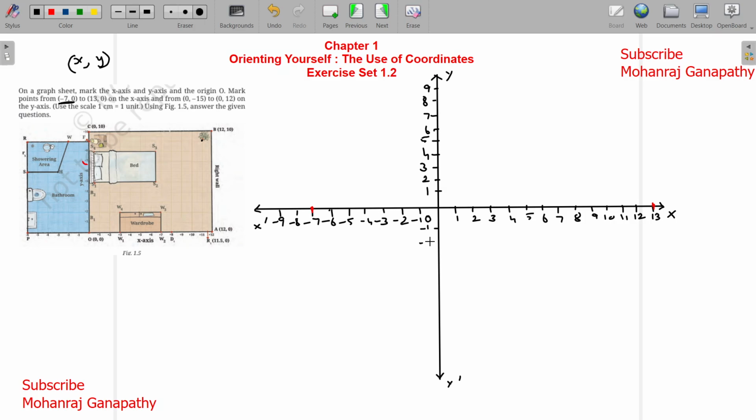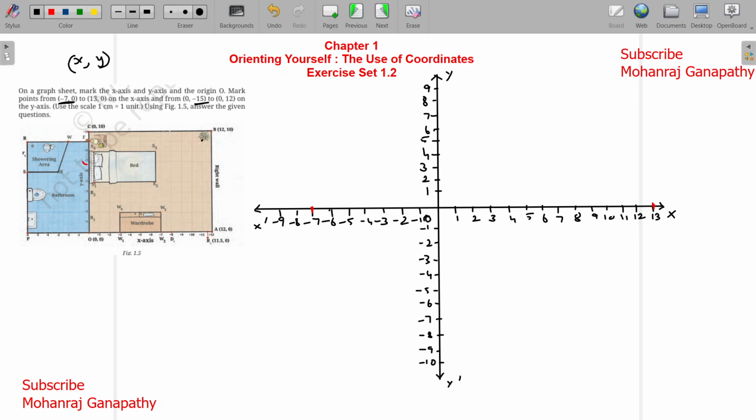Minus 1, minus 2, minus 3, minus 4, minus 5, minus 6, minus 7, minus 8, minus 9, minus 10. For minus it is mentioned as minus 15. Since I have very limited space, it is not possible for me to draw it here. You can draw this clearly in your graph sheet.